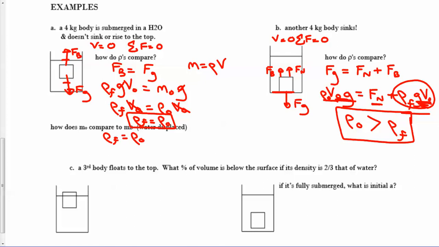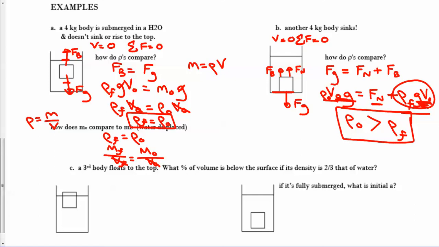And since density equals m over v, this is the mass of the fluid displaced divided by the volume of the fluid displaced, which is equal to the mass of the object divided by the volume of the object. So since the weight of the fluid displaced has got to be equal to the buoyant force, we can also conclude that the volume of the fluid displaced has got to be equal to the volume of the object itself, if it's fully submerged.